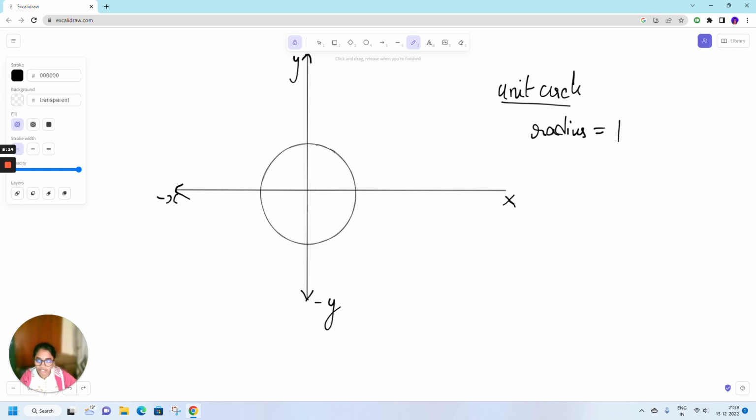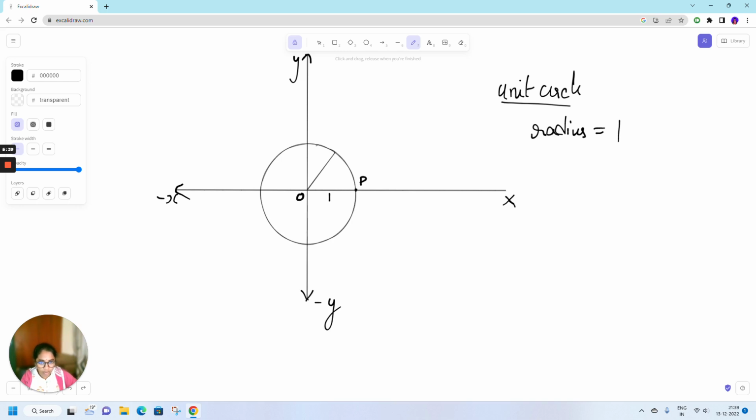Let me take a radius from the origin to any point. If this is O and I name this point P, the value of OP is the radius, so that would be 1.